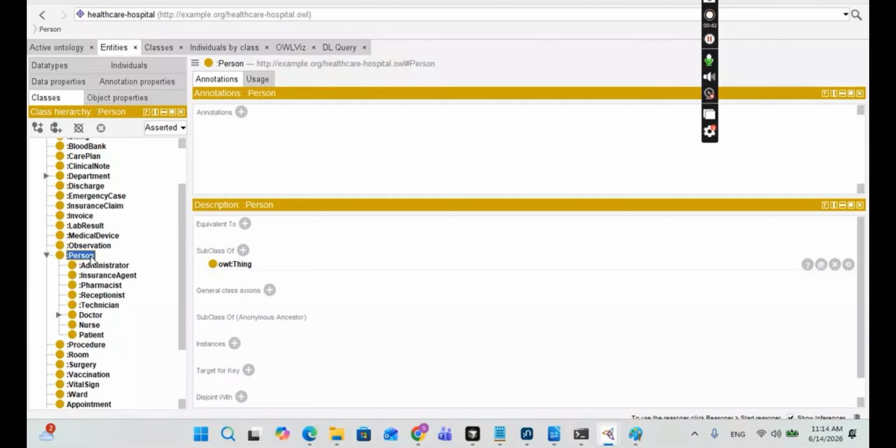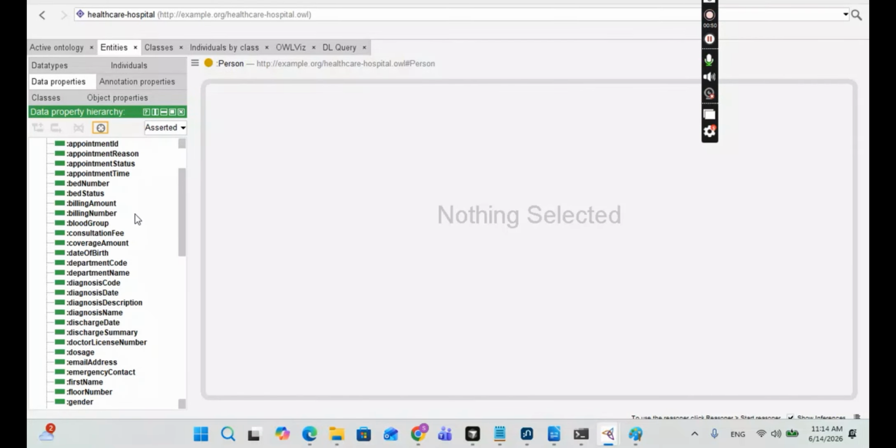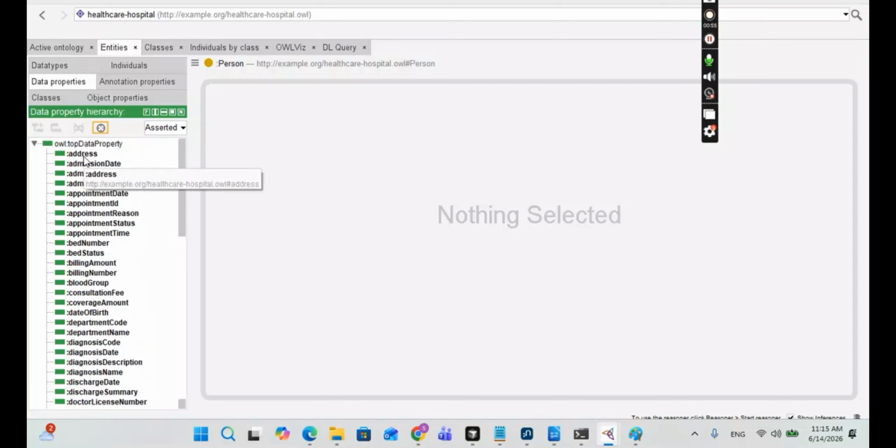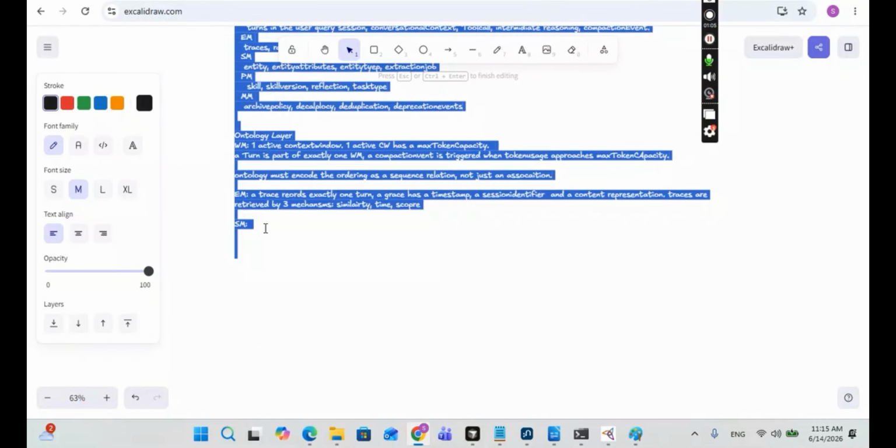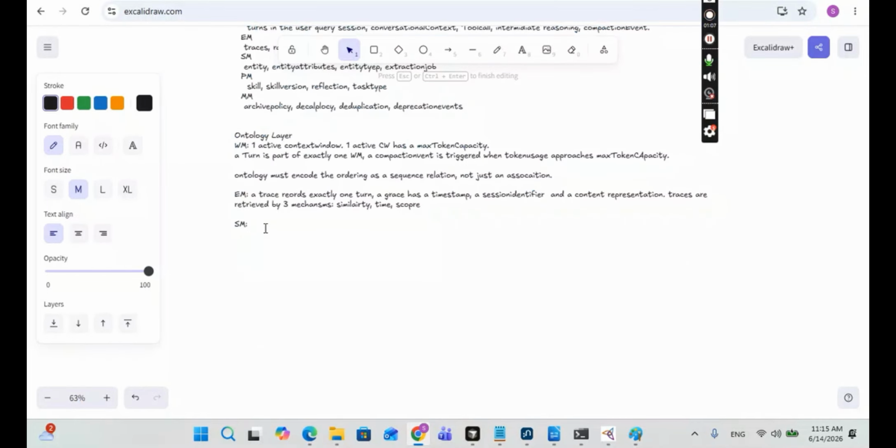This person can be a patient, a doctor, or an administrator. If we go to the data properties also, these are represented by the columns in an RDBMS system, like address, date. So these are all different kinds of entities, and this semantic memory describes the entity type.